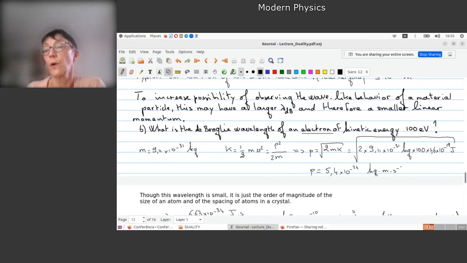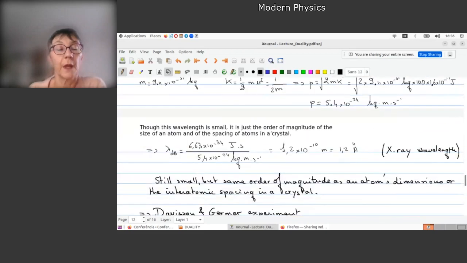Each electron volt is 1.6 times 10 to the minus 19 joule. And so the answer is p is 5.4 times 10 to the minus 24 kilogram meter per second.